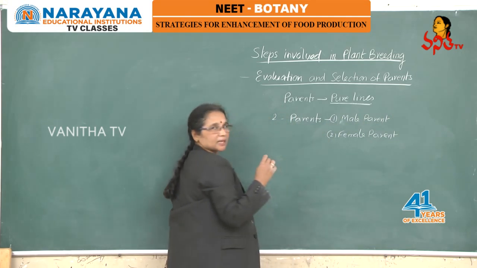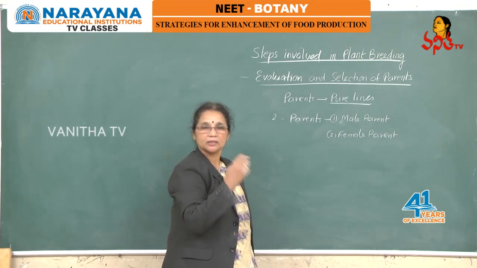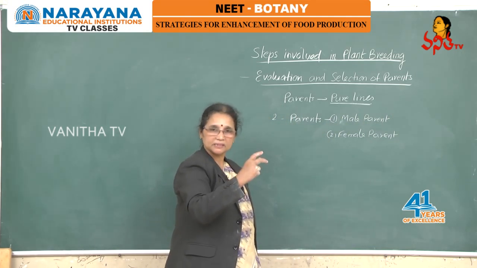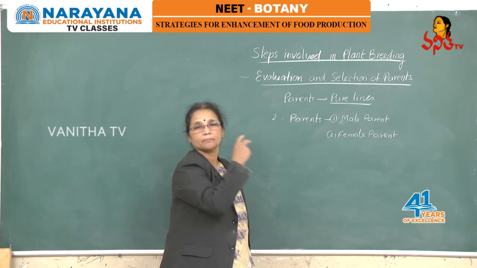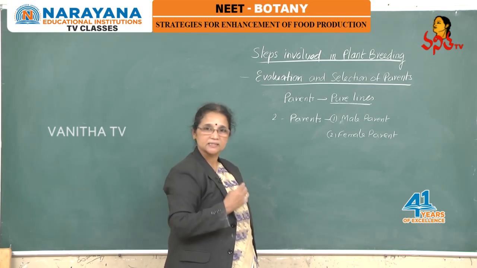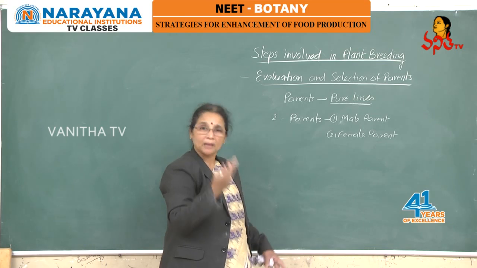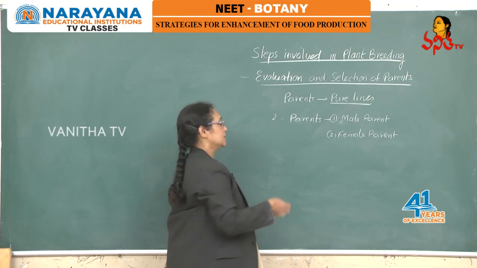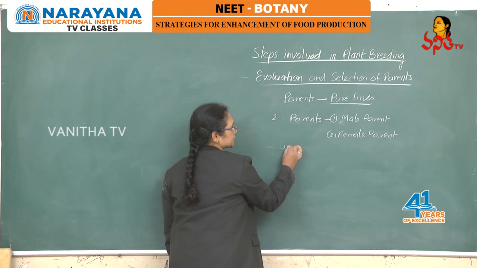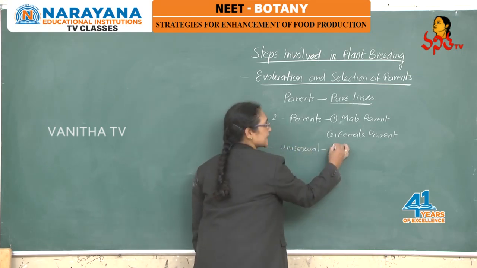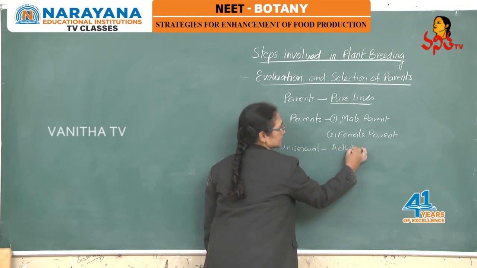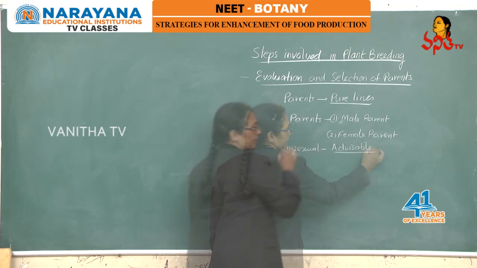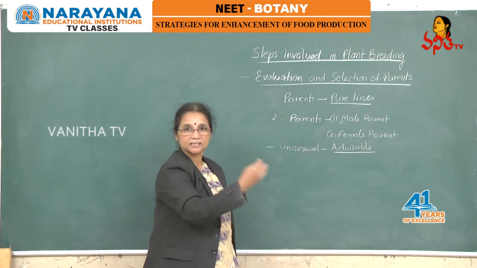So we have to select at least 2 parents with desirable characters, and some of the plants act as male parent and other plants act as female parent. If the plants are unisexual, it is very advisable for this program. Why it is advisable? Let us see in the next step.